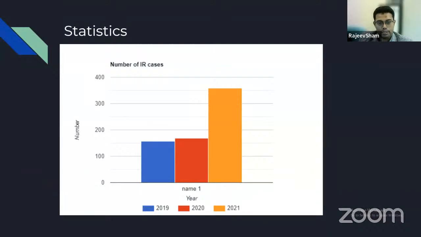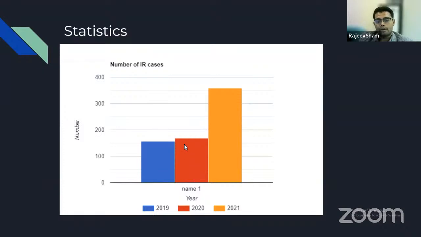Now we go to statistics. This data is taken from the year 2019 until 2021. As you can see, in 2019 we did just over 150 cases, and then COVID struck us. The number of cases reduced drastically.